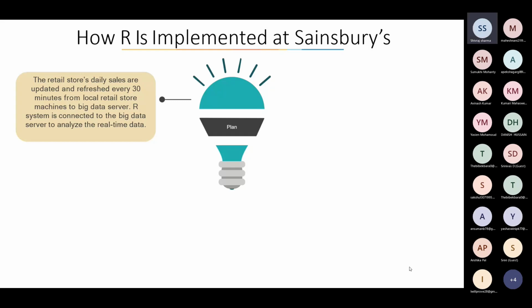So it is not needed to analyze it on a closing day, on weekdays or on weekends. While the data is updating every 30 minutes, the R system connected to the big data analyzes it in real time. So the present scenario, the very instant analysis, can be provided by the R system. Okay.